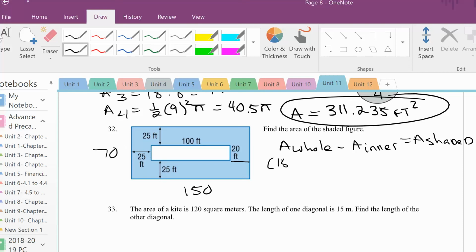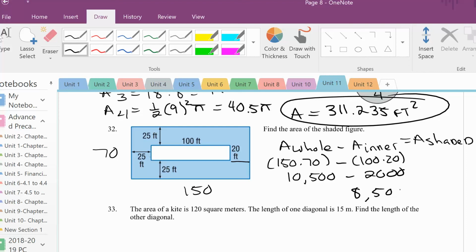So the area of the whole thing is 150 times 70, minus the area of the inner, which is 100 times 20. So 150 times 70 is 10,500, minus 2,000, and that gives you 8,500 square feet.